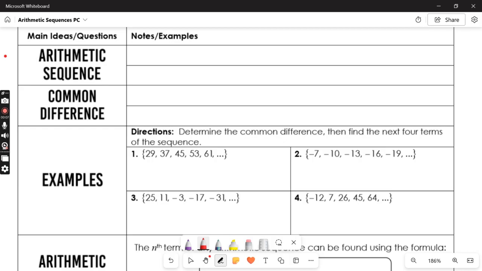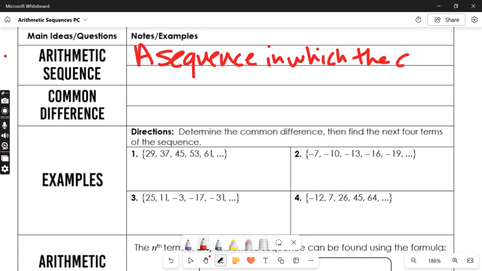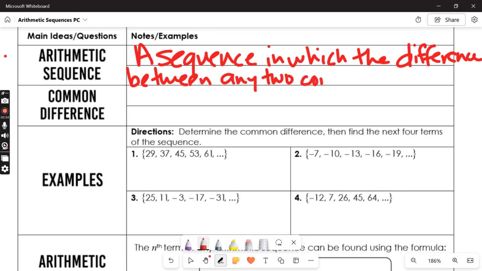So an arithmetic sequence is a sequence in which the difference between any two consecutive terms is constant.